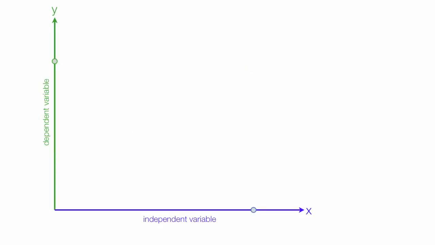If, on the other hand, as the independent variable increases the dependent variable decreases, like this, we say there's a negative relationship. The line would look like this, go downward.